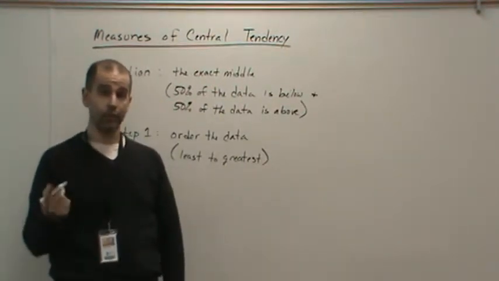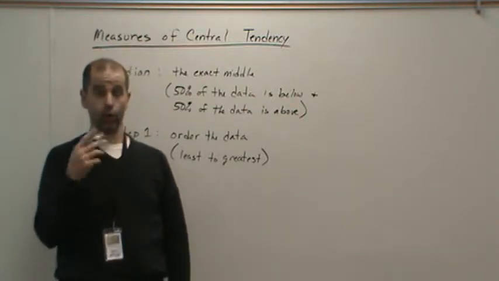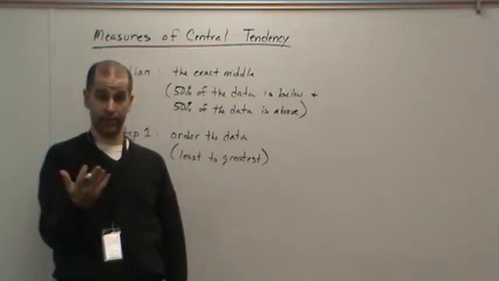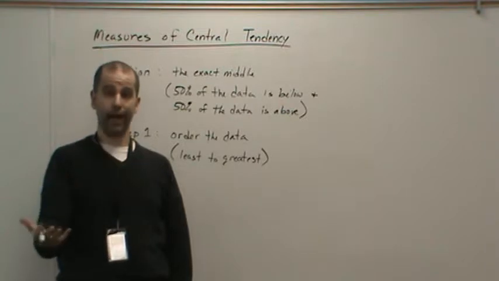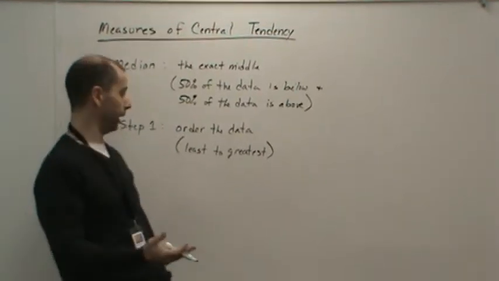Okay? So you're going to have two cases. Either the middle is going to exist or there will not be a middle. Okay? So that has to deal with the parity of the data set, which is either odd or even. Do you have an odd number of values or do you have an even number of values in your data set? Okay?